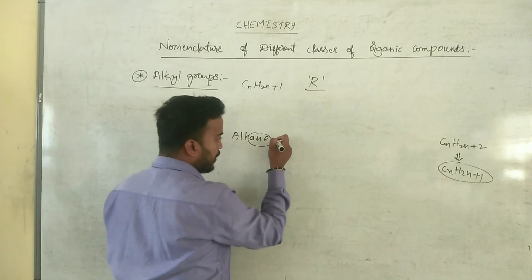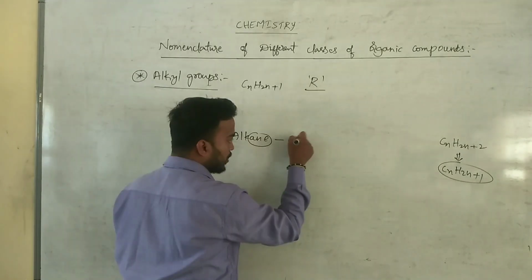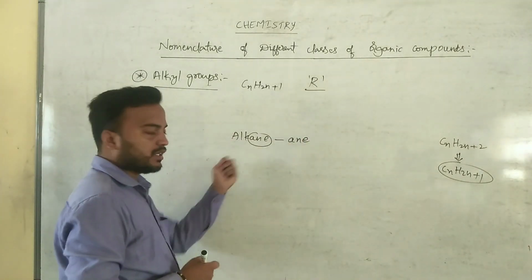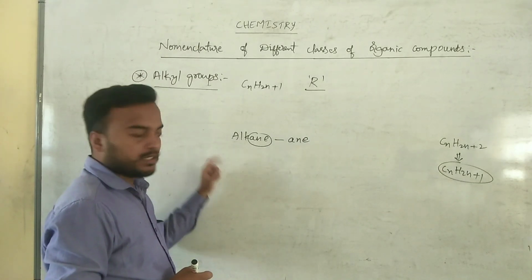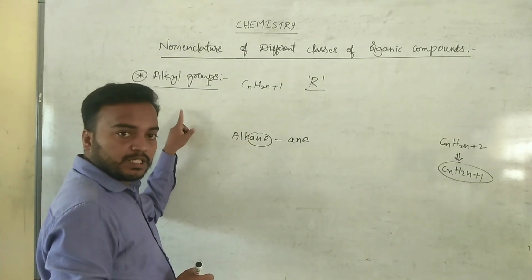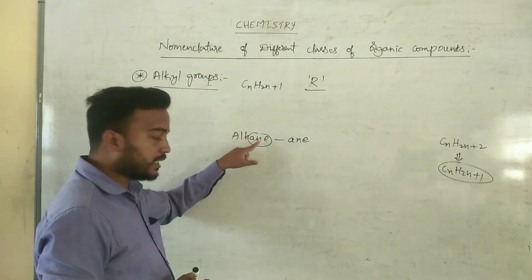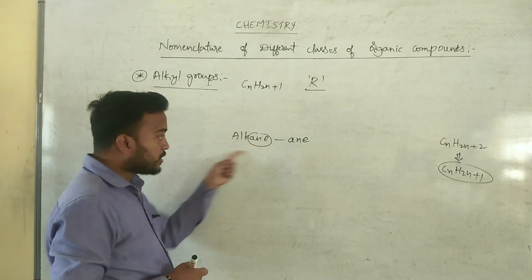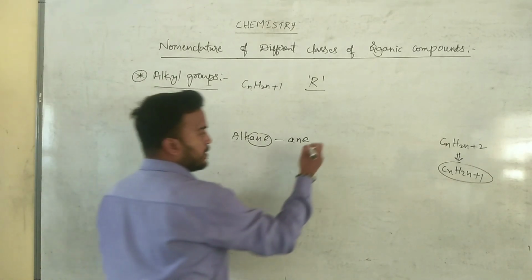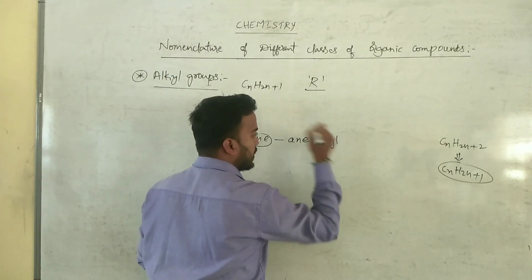In the case of alkanes, we have to remove ANE. The names of alkyl groups are derived by the removal of the terminal letters ANE of the corresponding alkane, and we have to add the suffix YL.